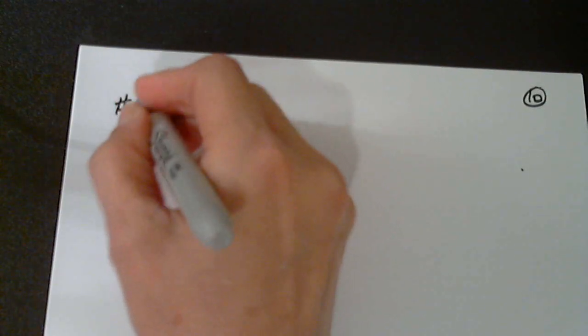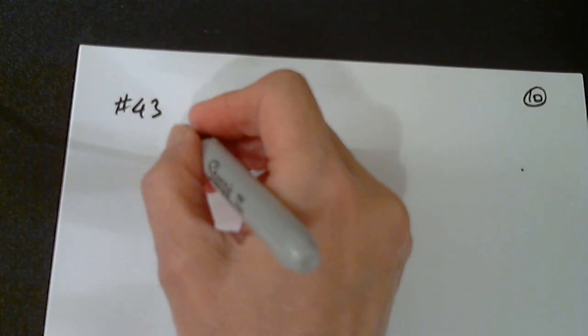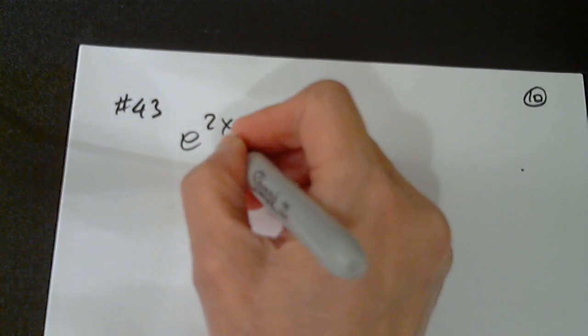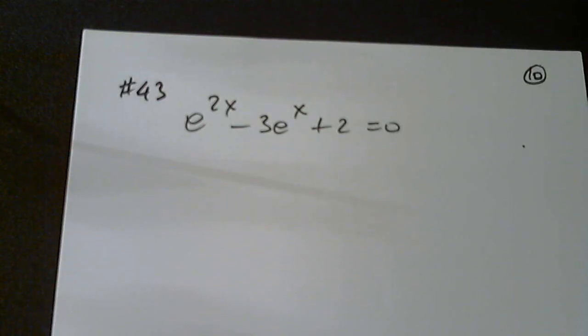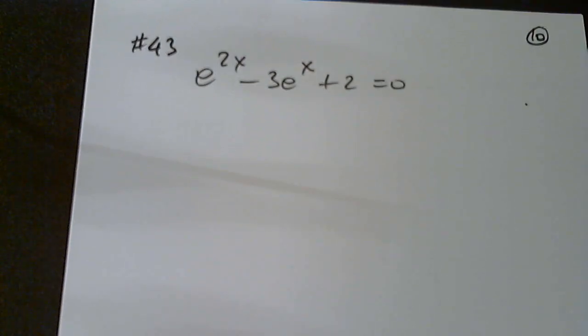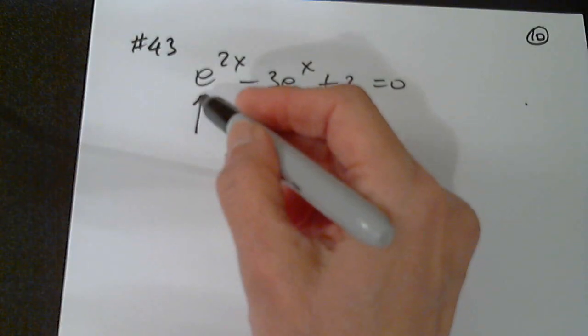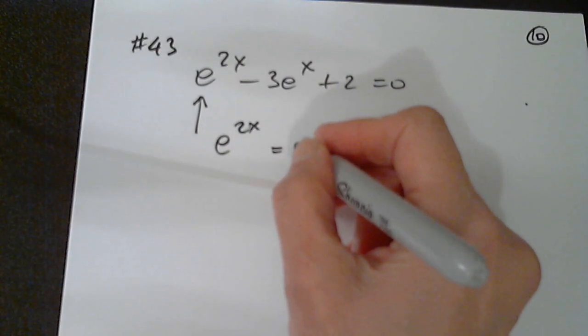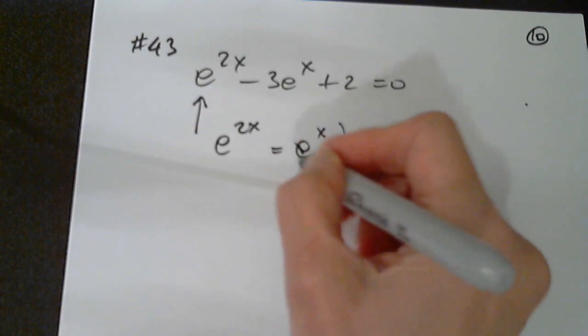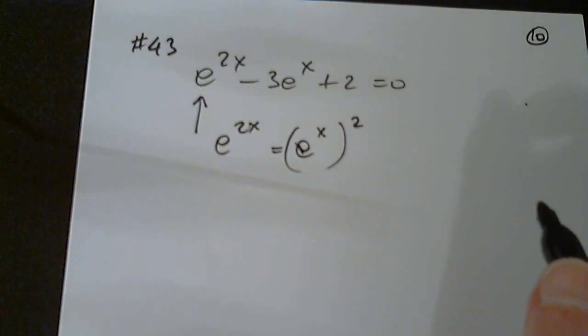In 43, we have e to 2x minus 3 e to x and plus 2 equals 0. Good pick. So let me explain something here. This e to 2x is the same thing as e to x everything squared. How come?